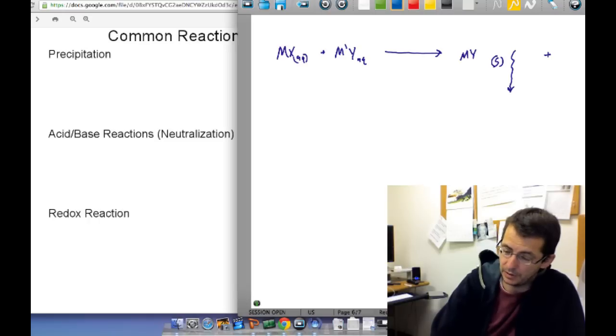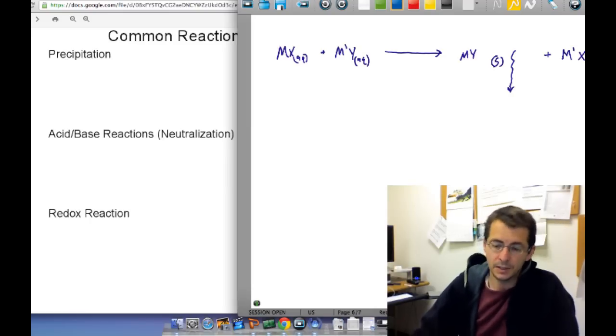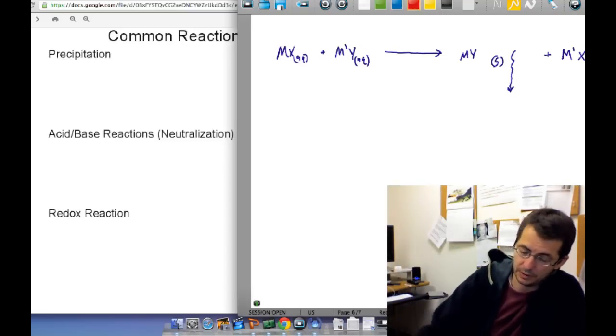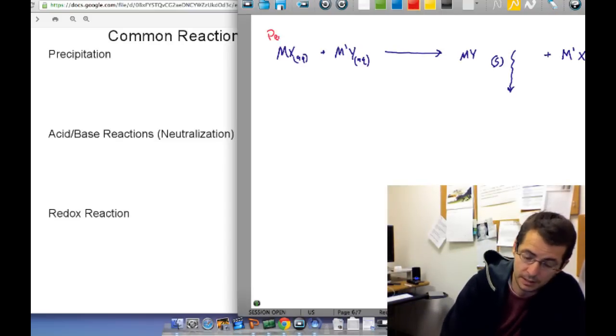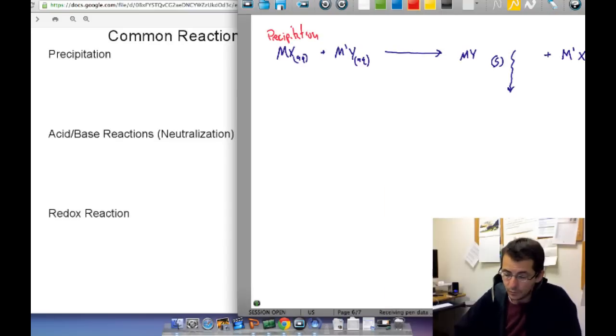That solid is what we call the precipitate, leaving a few leftover ions in the solution. So that's the first style of reaction that we're going to look at, precipitation. We'll also be looking at those in lab.